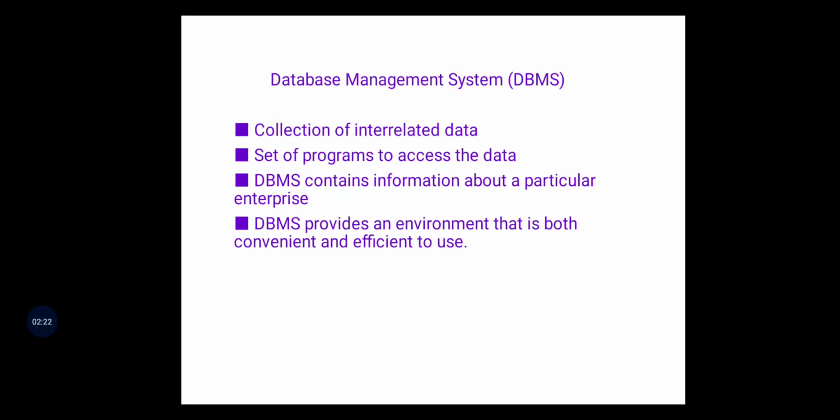We save the data in the database in a table. What is a table? A collection of records. An individual field is called data. The collection of data is called a record. A collection of records, for example in your classroom: student 1, student 2, student 3, up to your 97 students here.